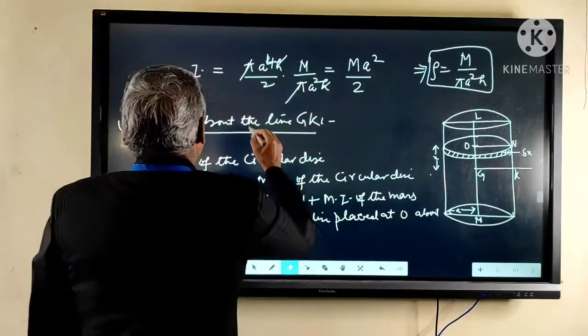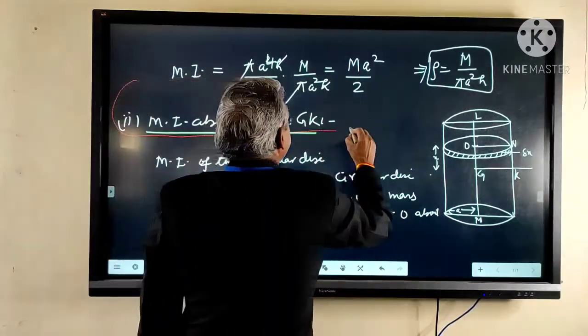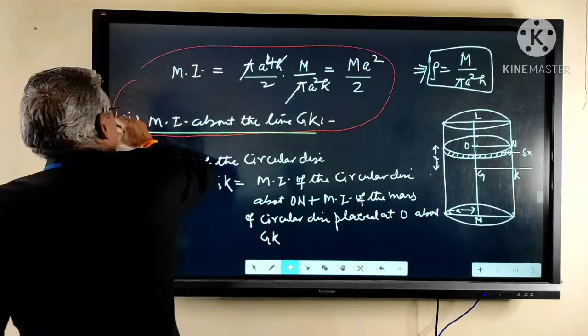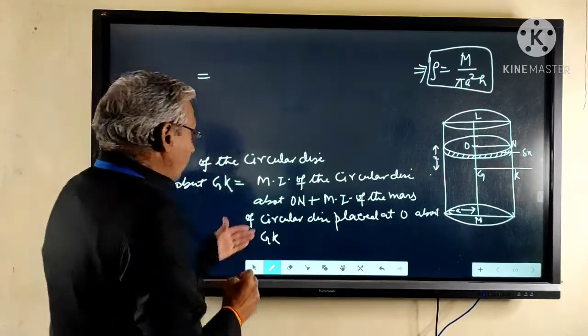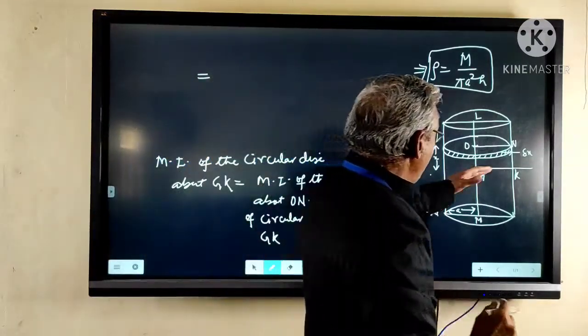So therefore, this equals to moment of inertia of the circular disc about O1.